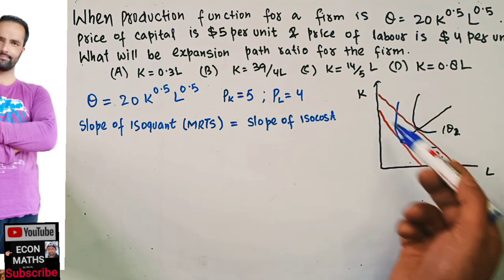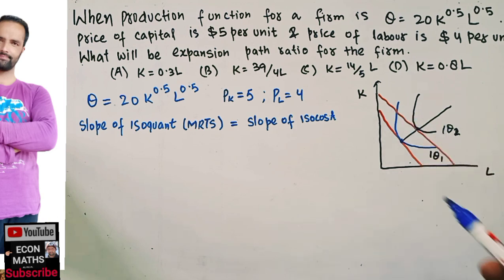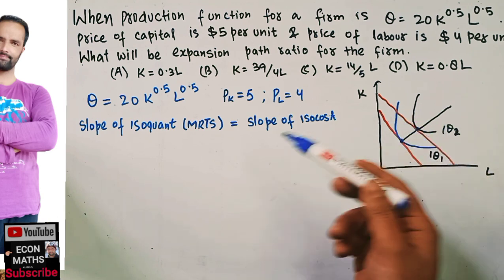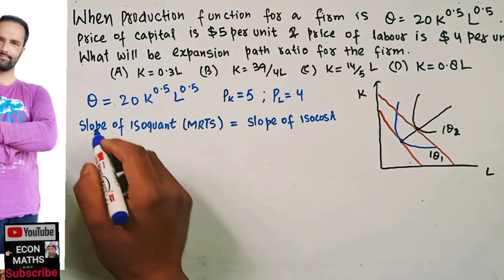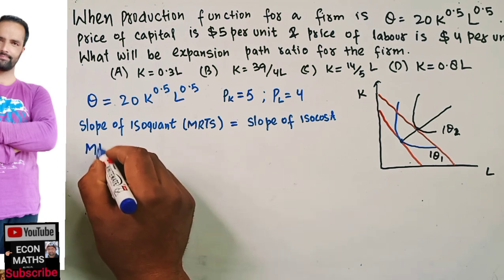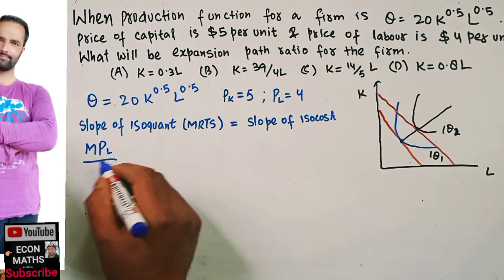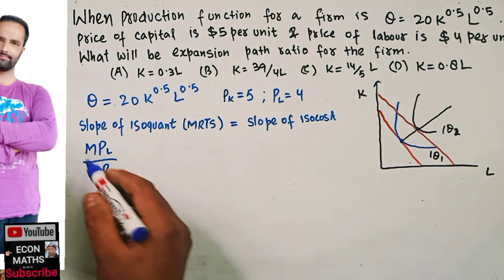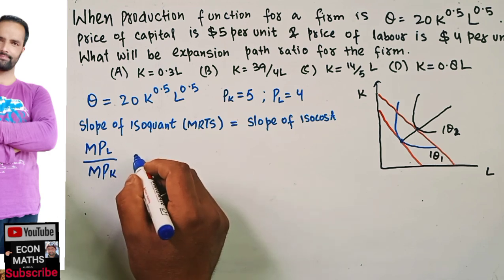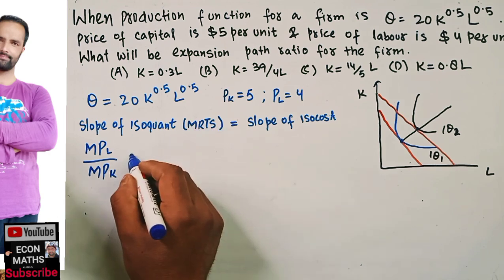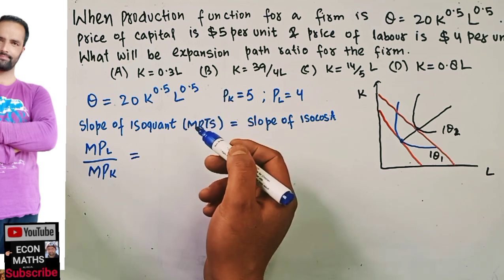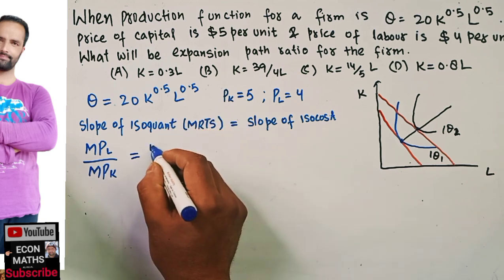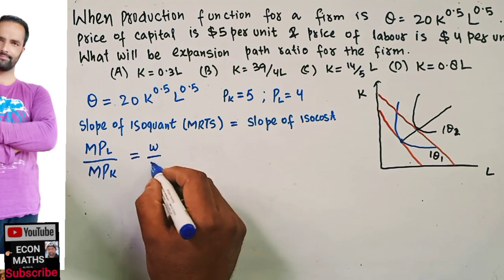By isocost slope we mean the ratio of the prices of labor and capital. How do we get this marginal rate of substitution? It is given by the marginal product of labor upon the marginal product of capital. So the marginal rate of technical substitution should be equal to the wage rate upon the rental rate of capital.